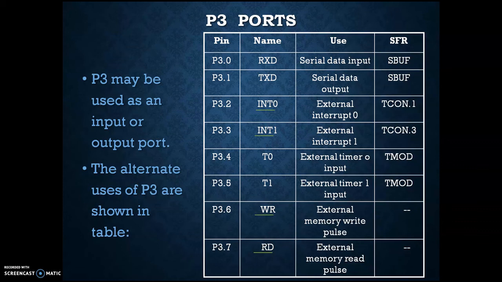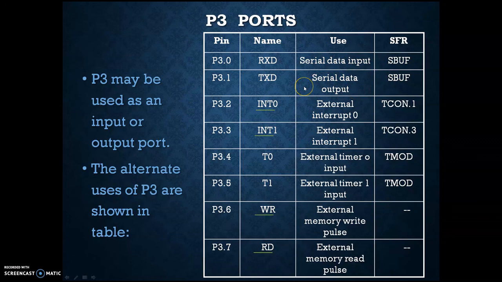Now the alternative uses of P3 are shown in this table. This was earlier seen in the pin diagram. P3.0 and P3.1, that means the first and second pins, are used for serial communication: reception, that is RxD, and transmission, that is TXD, serial data input and serial data output.